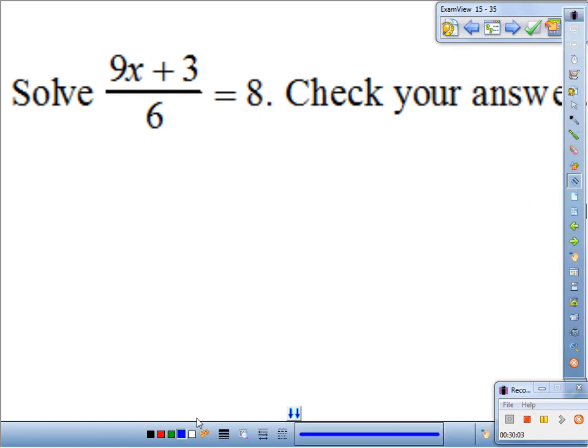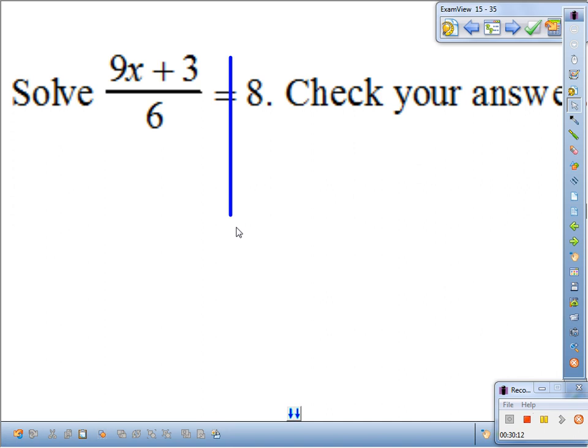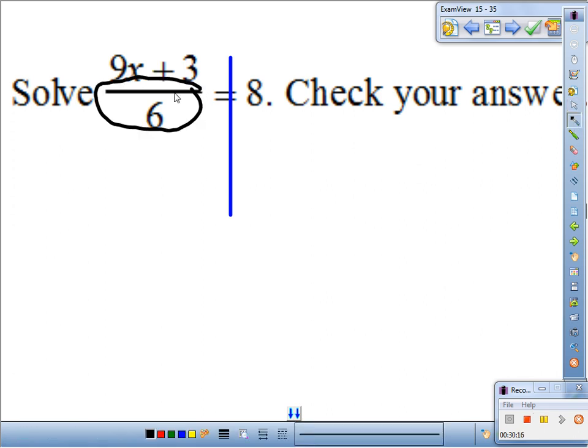All right. Line down the equal sign. I can't stop solving this one until I get rid of this 6. What is the 6 doing? Dividing. So what is the opposite? Multiply times 6, and we do that to both sides. This cancels. It doesn't cancel.